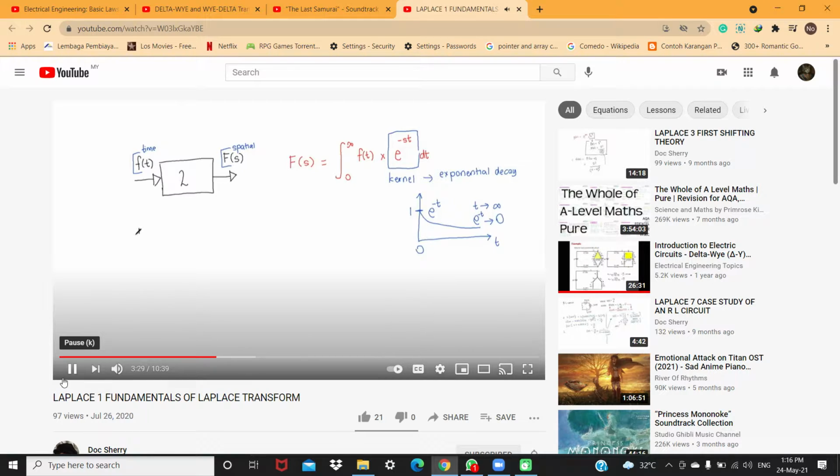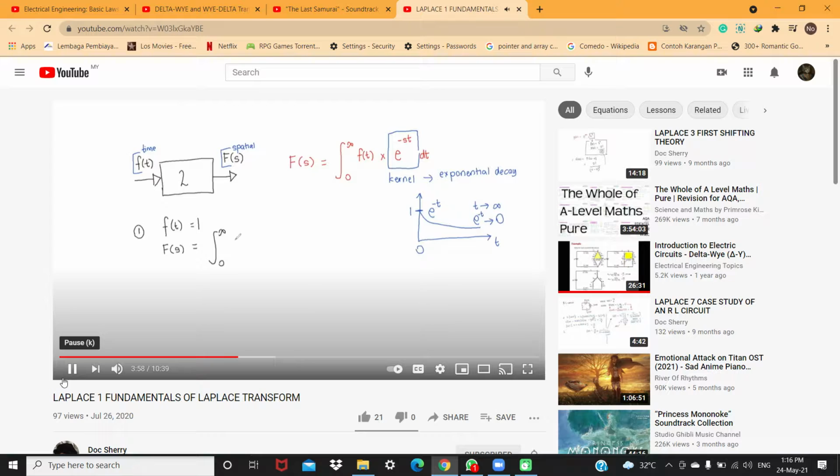Assuming you have a signal which is static in the time domain at 1. So your function in the time domain f(t) is equivalent to 1. Now for F(s), the function in the spatial domain, we apply the Laplace transform, which is an integral from 0 to infinity.